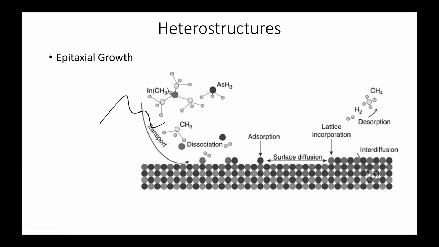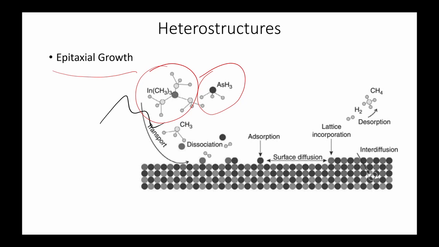So this is the epitaxial growth. There will be layer by layer growth. There will be two types of precursors. This is one precursor and this is another precursor, which will form indium arsenide.